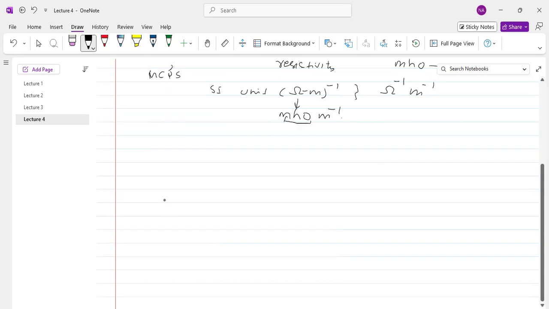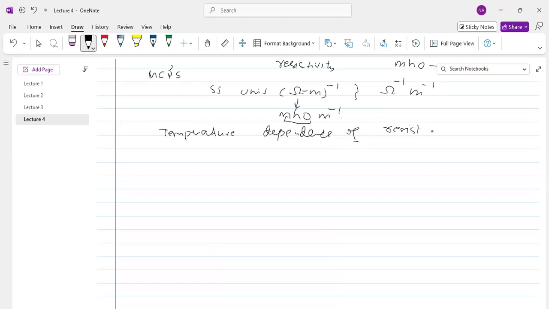Now we come to the temperature dependence of resistivity. What does this mean?